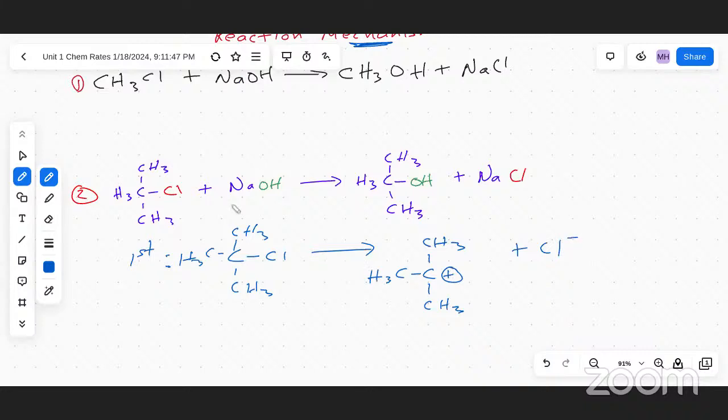Now, question: when you look at the equation up here, do you see this in the equation? Look at the equation and tell me if you see this intermediate here. Is it present on the left or right hand side of the equation? Yes or no?